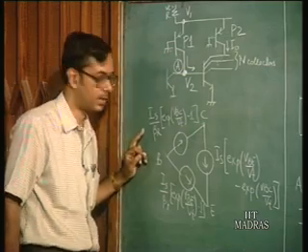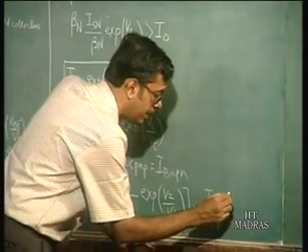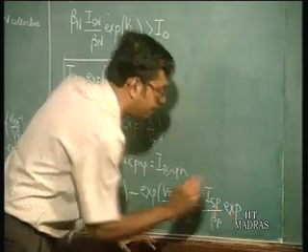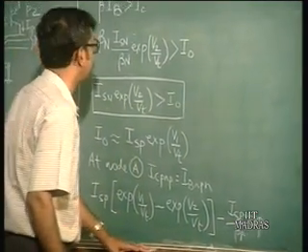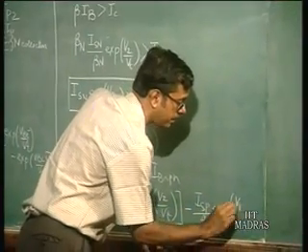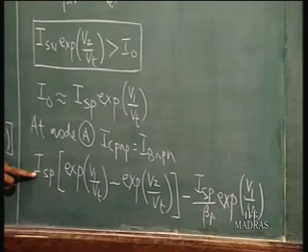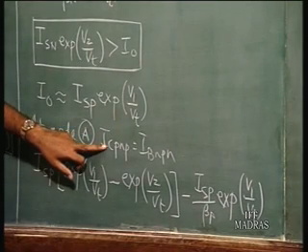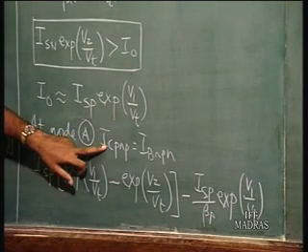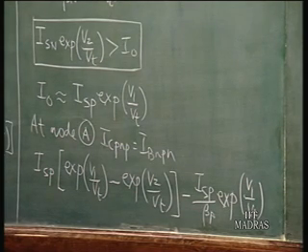So ISP by beta P exponential the base collector voltage. Base collector voltage of the PNP is again V1. This is the collector current of the PNP transistor, and this has to be equated to the base current of the NPN transistor. So what is the base current of the NPN transistor?